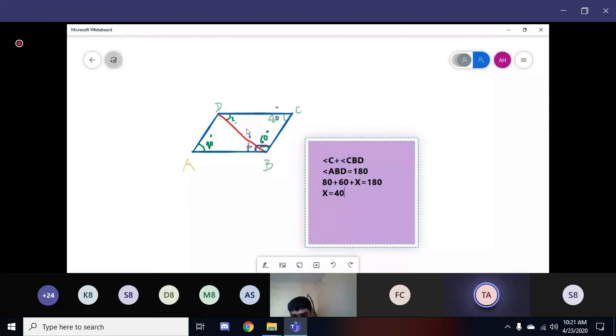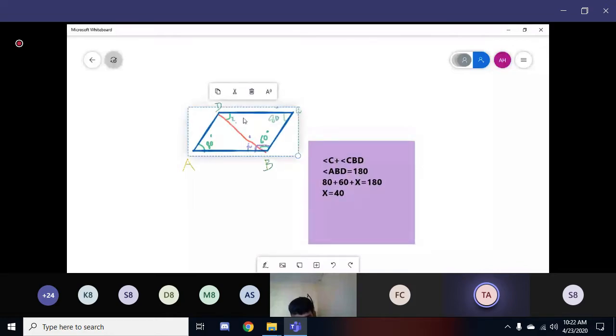But beta, what are these two angles? Can anybody answer me? What is the relation between angle ABD and angle BDC? What are these two angles called? Can anybody answer me, beta? I am waiting in the chat room.